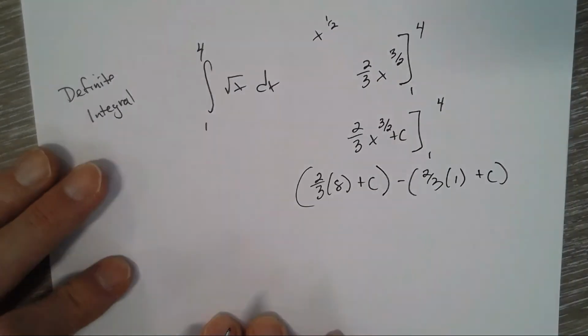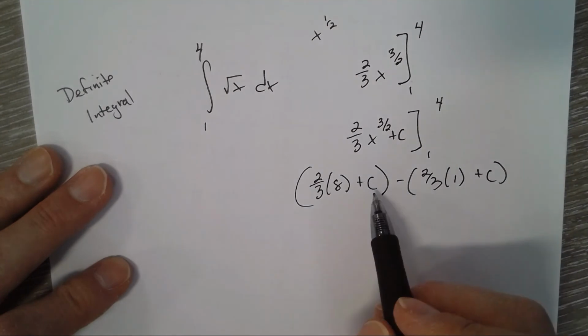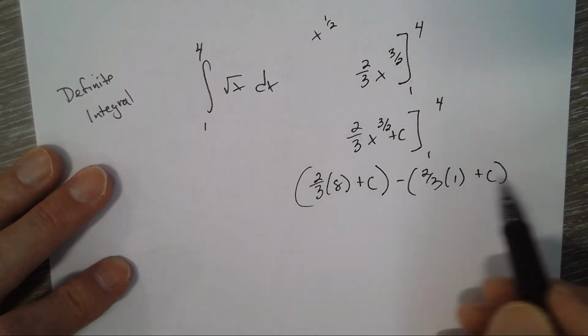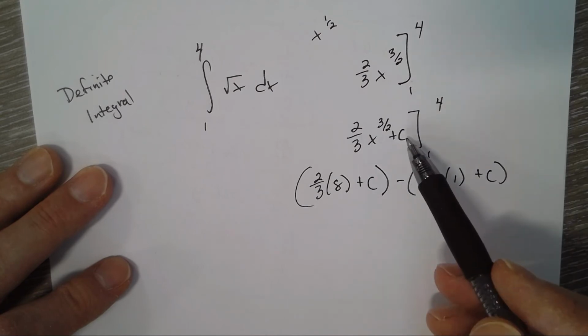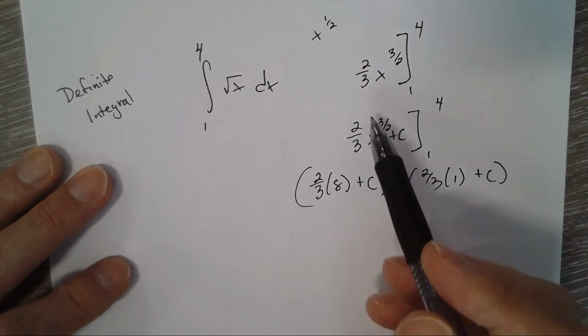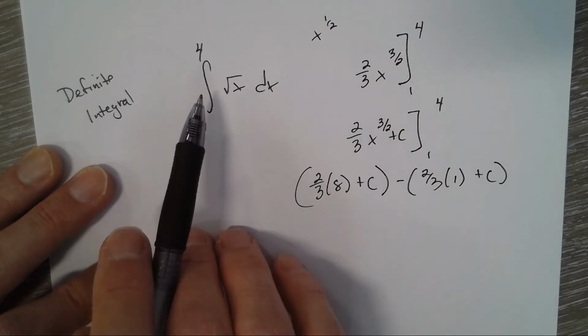If you add the plus c every single time, the c minus c, those are going to disappear every single time. So you can put a c plus c in if you want to, but they're always going to disappear. So we don't even include them in antiderivatives when it's a definite integral.